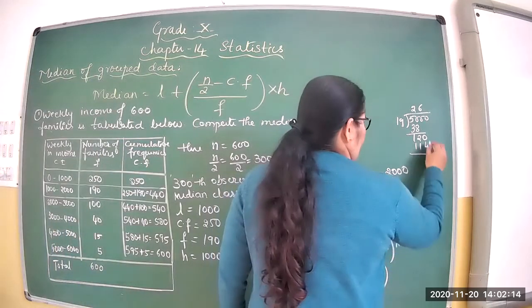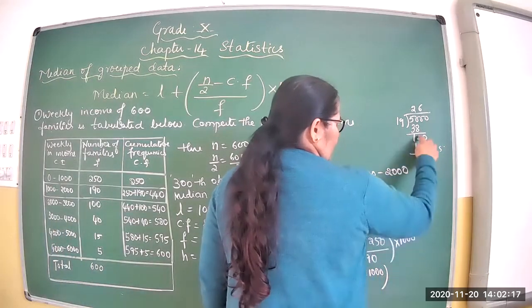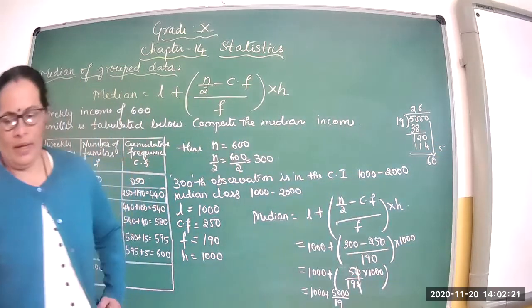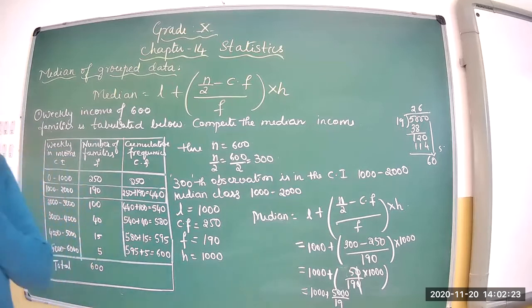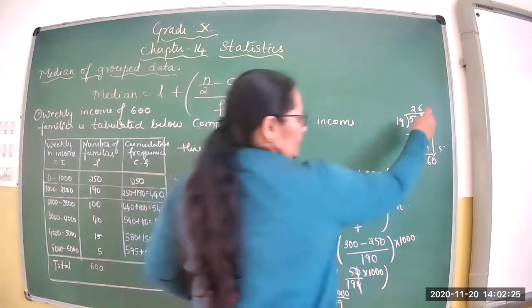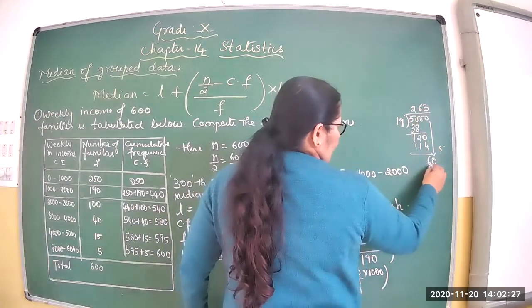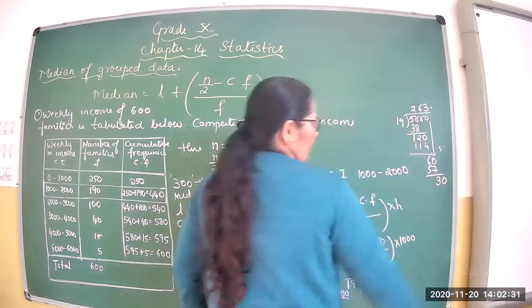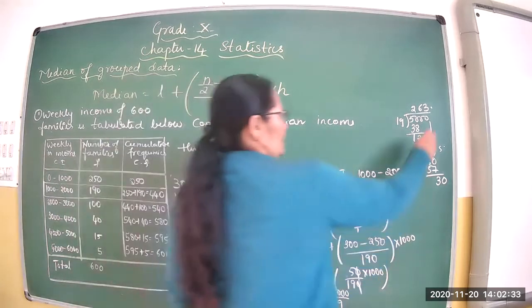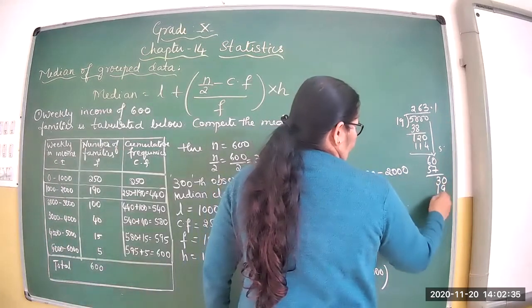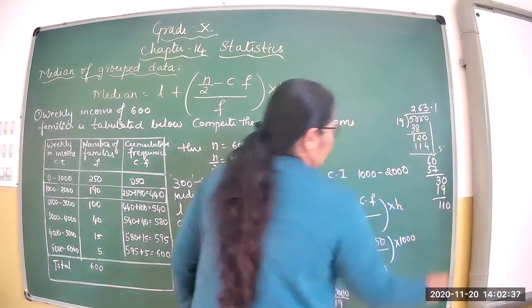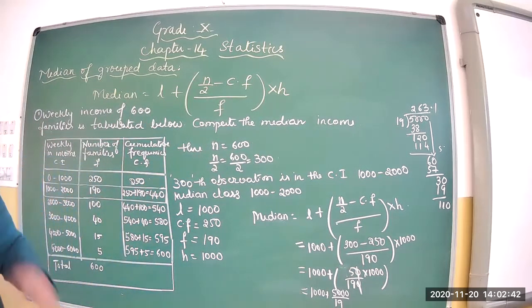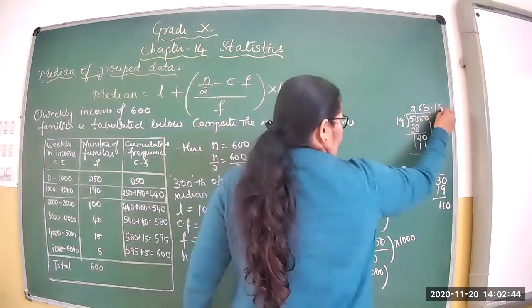Then 10 minus 4 is 6. Then 0. Then take 60. So 19 threes are 57. Then 19 ones are 19. Then 110 divided. So which is 5. 19 fives are 95.